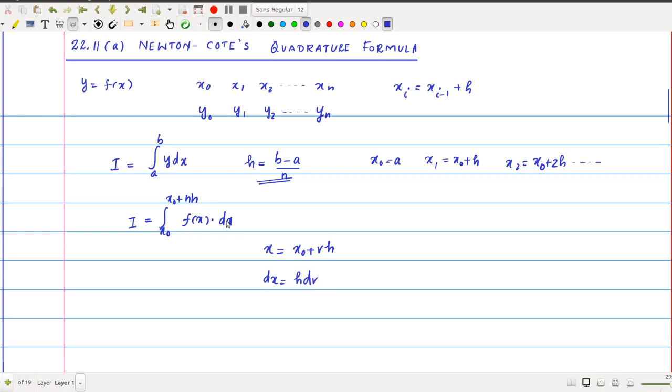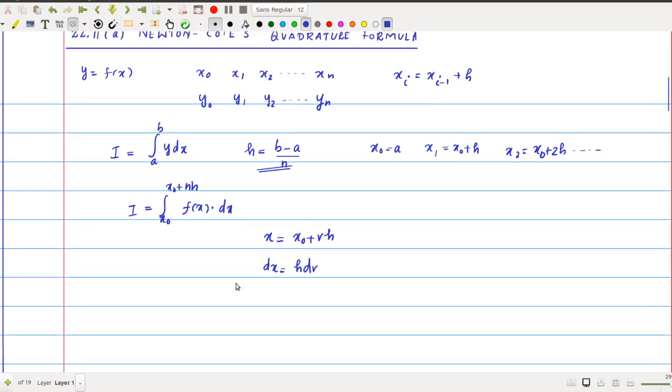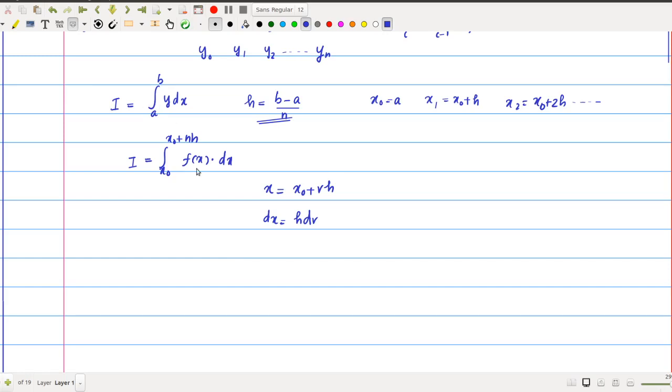We have to write this function in terms of r, so we replace x by x in terms of r. Now what is the change of the limit? When x equal to x0, what is the corresponding r?